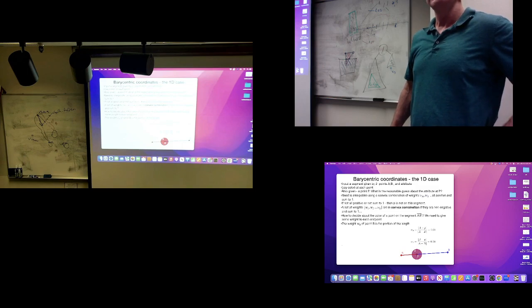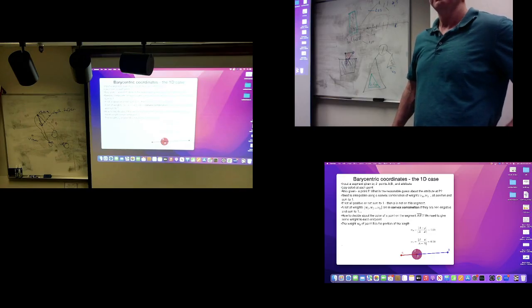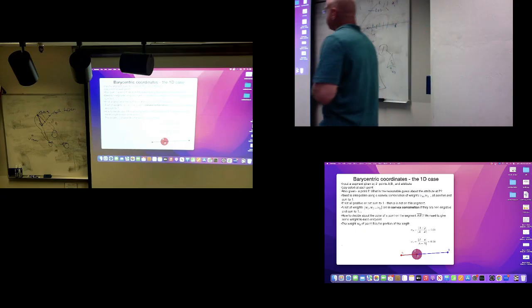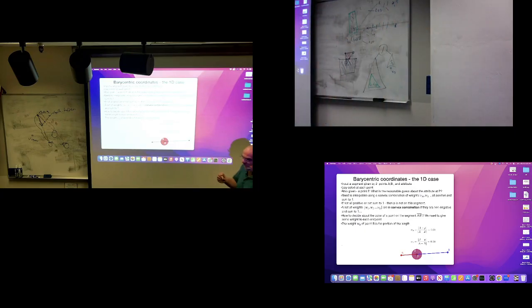And for this, we are using barycentric coordinates. It's an extremely useful term, because the way we are going to compute it is we will compute weights, the weight of a point with respect to every vertex. And once we have these weights, we are going to use them for many other applications.